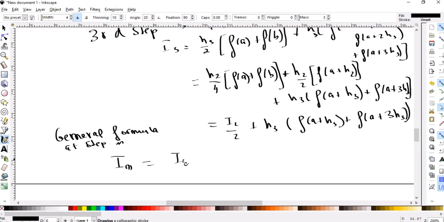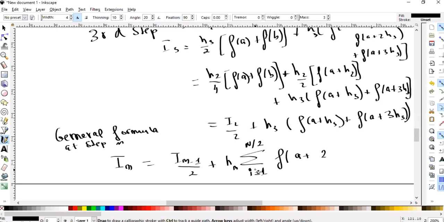is I_n equals I_(n-1) over 2 plus the sum, here h_n, the sum from i equals 1 till n over 2 of f of a plus, or here I can use k, it doesn't matter, let's use k, 2k minus 1 multiplied by h, and the whole term.